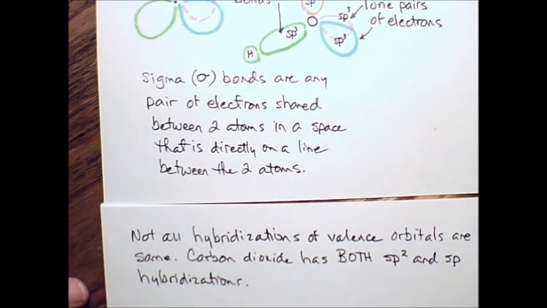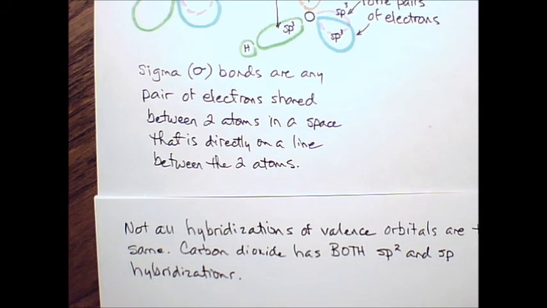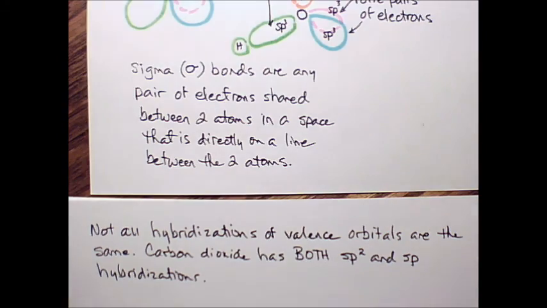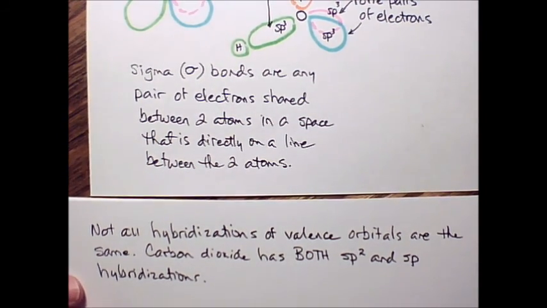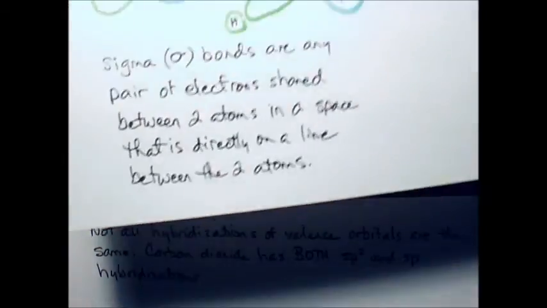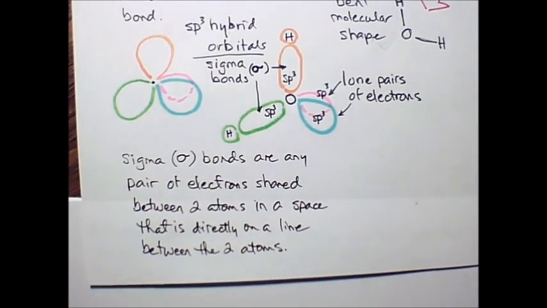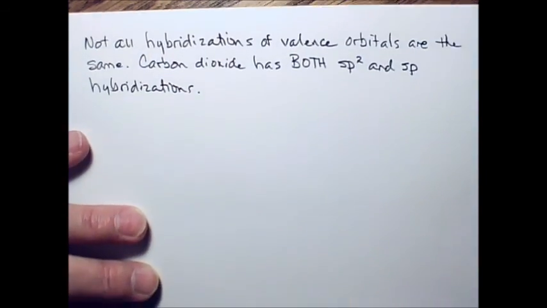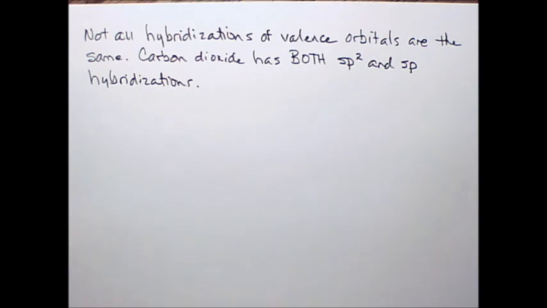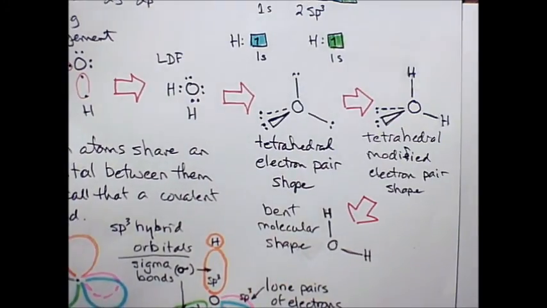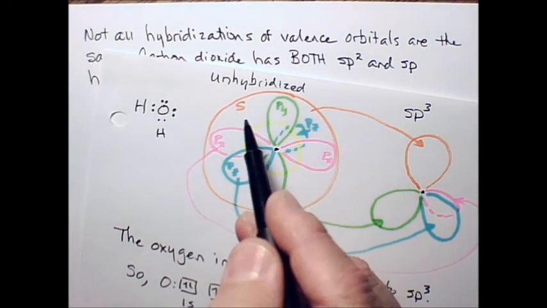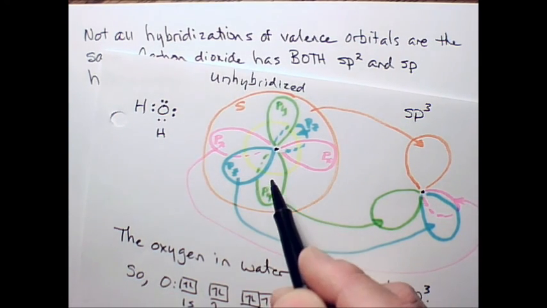But not all hybridizations of valence orbitals are the same. Carbon dioxide has both sp2 and sp hybridizations. So the oxygen in water was hybridizing to sp3. We're now going to look at sp2 and sp hybridizations. Now, the reason we call this sp3 is because we went from our original unhybridized set of valence orbitals. We had one s and 3 p's.